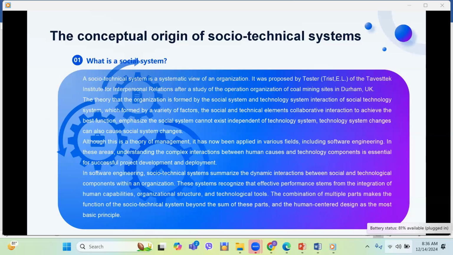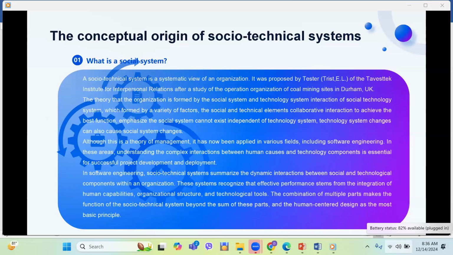In software engineering, sociotechnical systems summarize the dynamic interactions between social and technological components within an organization. These systems recognize that effective performance stems from the integration of human capabilities, organizational structure, and technological tools.